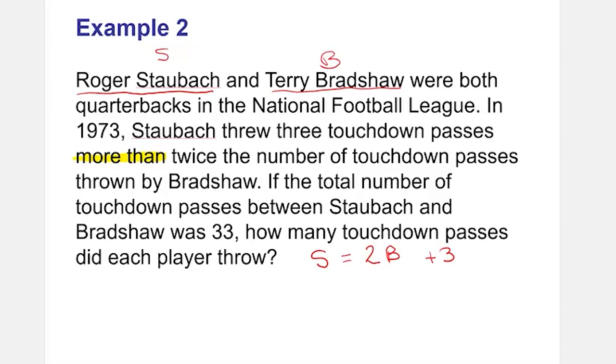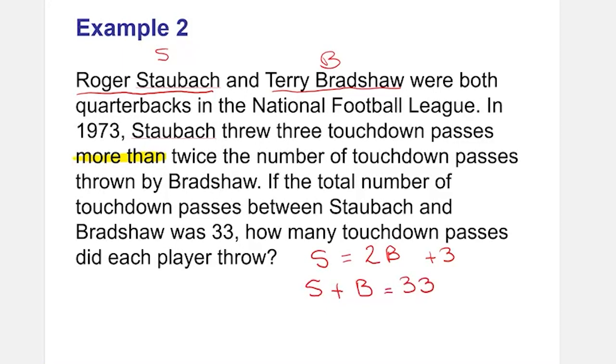If the total number of touchdown passes between Staubach and Bradshaw was 33, how many touchdown passes did each player throw? Well, that means that S, Staubach plus Bradshaw, is going to equal 33.